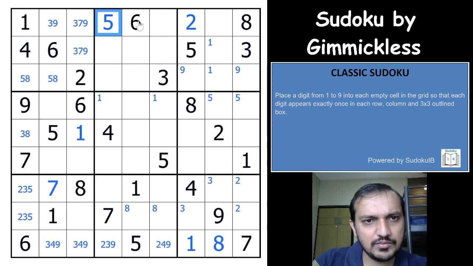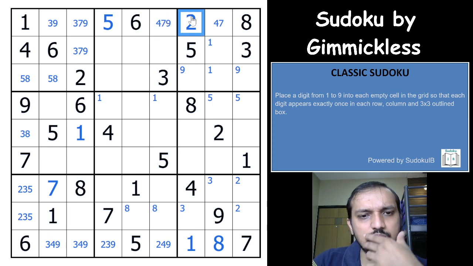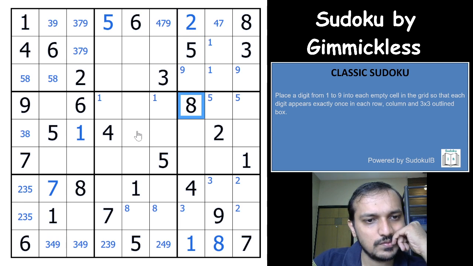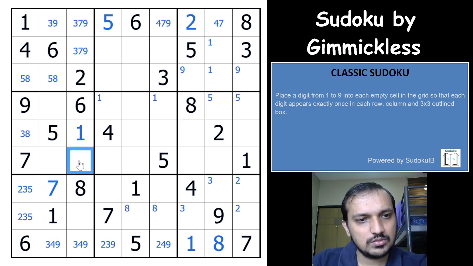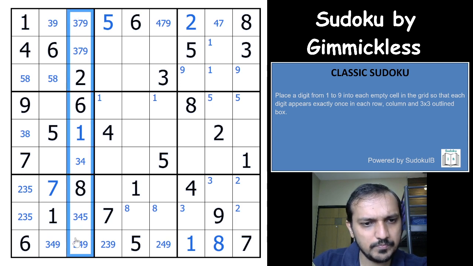And that gives you a 5 in this cell. 3, 9. This has to be 4, 7. 3, 4, 7, and 9. This cannot be 3 here. 3, 7, 5, 9, 3, 4. 3, 4, 5, 7, 9.